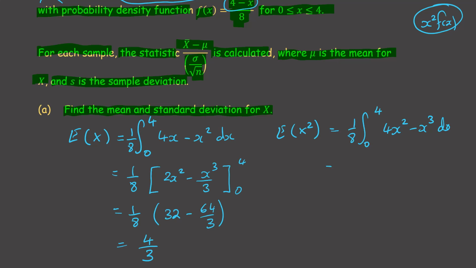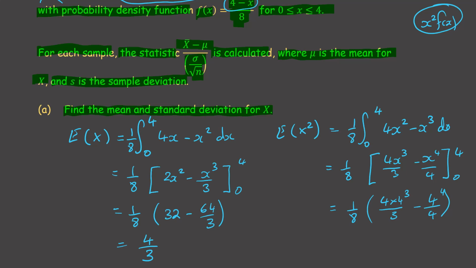So that is going to be 1/8 of 4x cubed on 3, take away x to the 4 on 4, and that's from 0 to 4. And that is 1/8 of 4 times 4 cubed on 3, take away 4 to the 4 on 4. If we calculate all of that, we get 8 on 3.